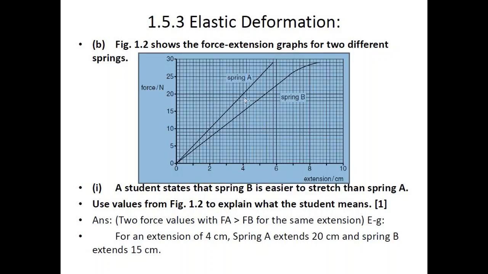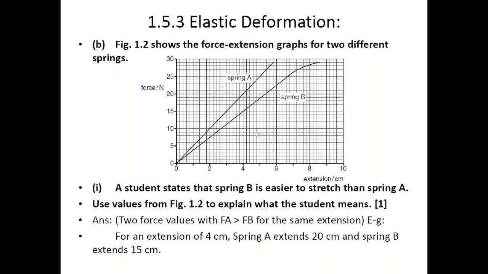So that means for producing the same amount of extension, the student had to provide spring A with more force. Hence we can conclude that for the same amount of force, spring B is stretching more, whereas spring A is stretching less. Hence spring B is easier to stretch.